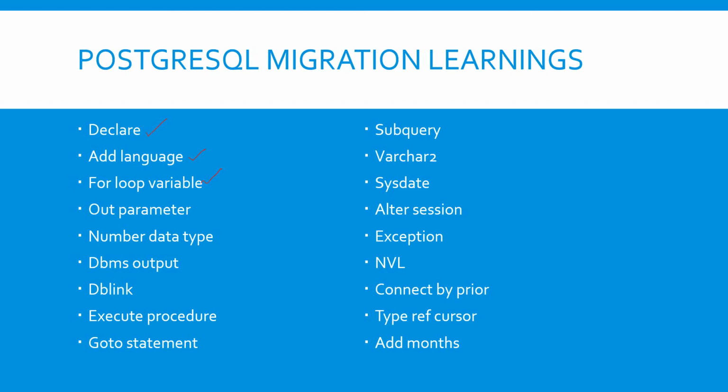And the out parameter in Oracle we use directly, but here a function only returns an out parameter, while for a procedure we need to mention in out parameter, not just out. You need to pass values.